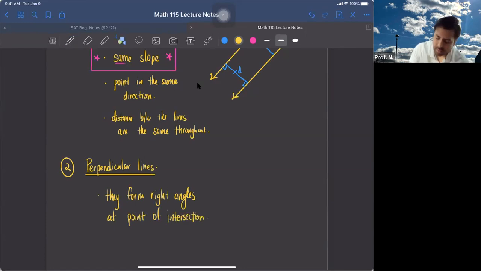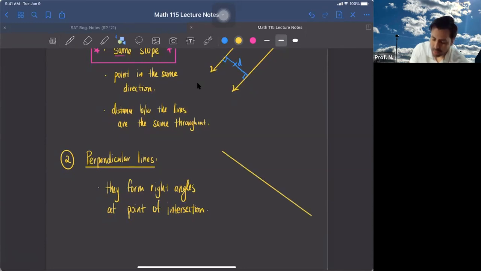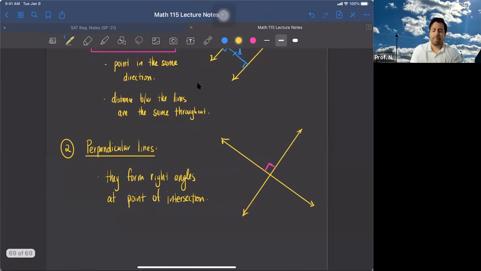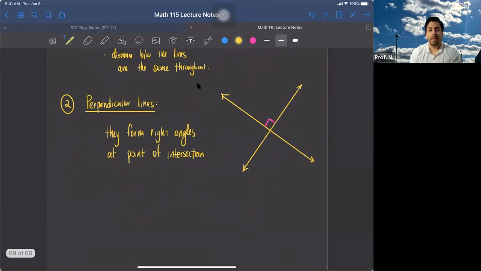So if I draw two lines like an X here, and they form a right angle, then they form perpendicular lines.